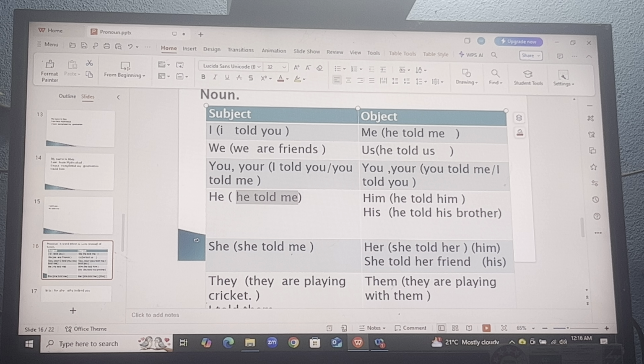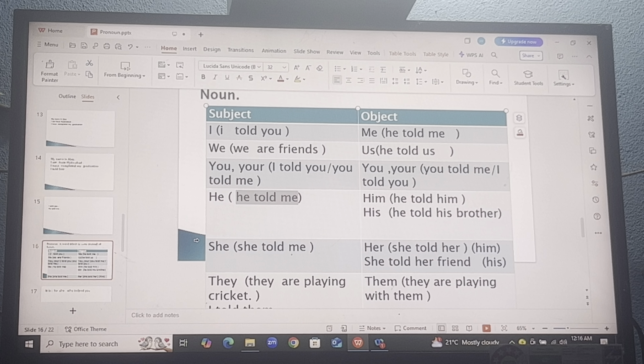Whereas he told me, उसने मुझसे कहा. And what is the object for he? That is him and his. He told him: उसने उससे कहा. He told his brother. So I want to know what is the actual difference between him and his. So he told him. Him is used if you know the person directly.